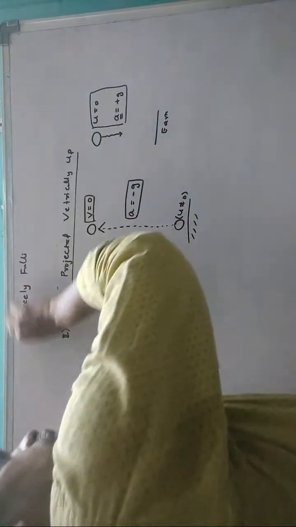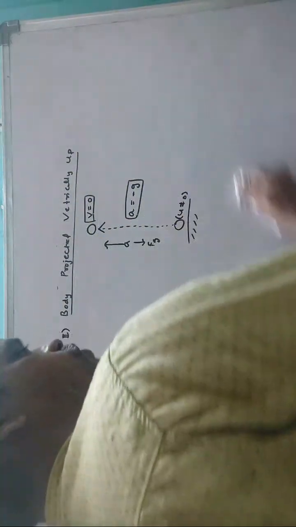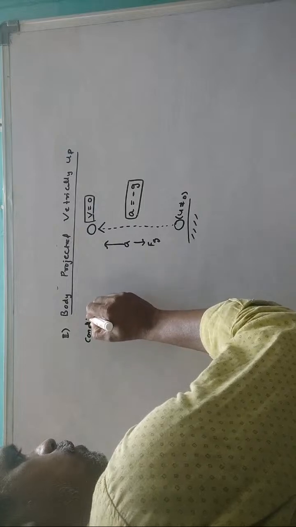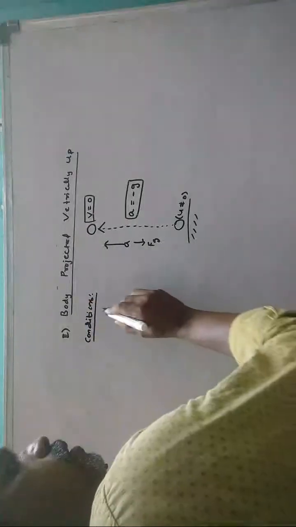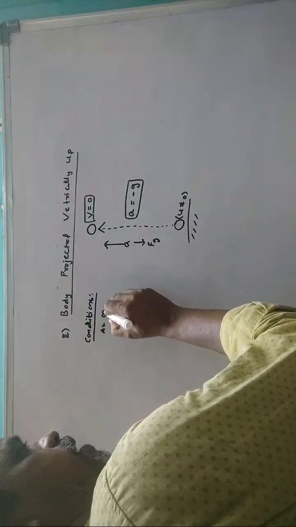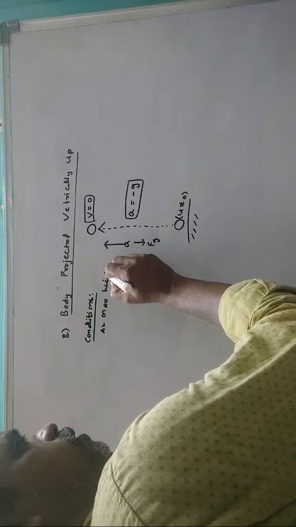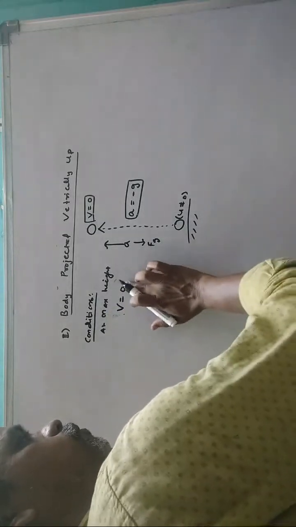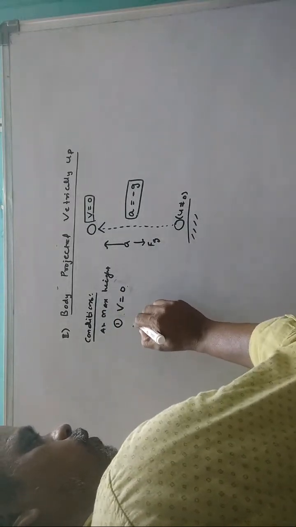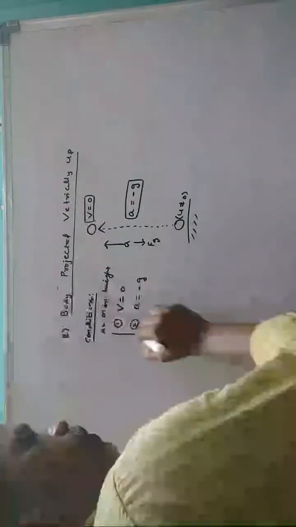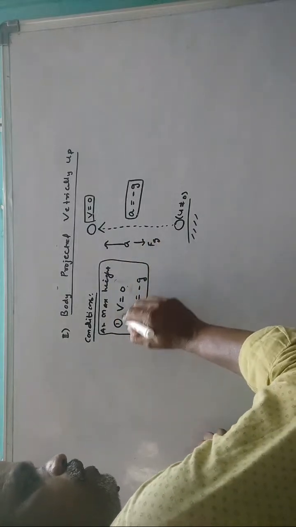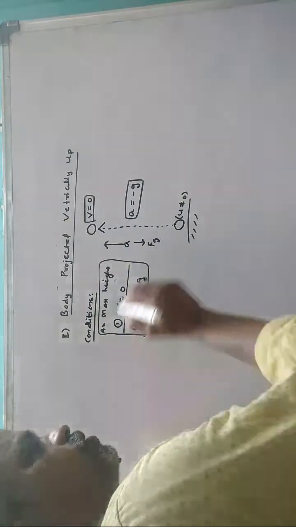You write only these conditions. At maximum height, v equal to 0, that is one condition. a equal to minus g is the second condition.